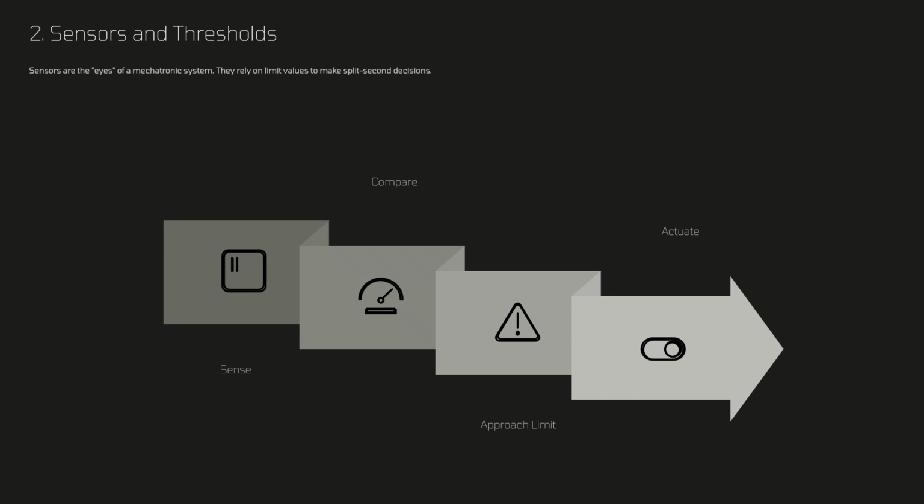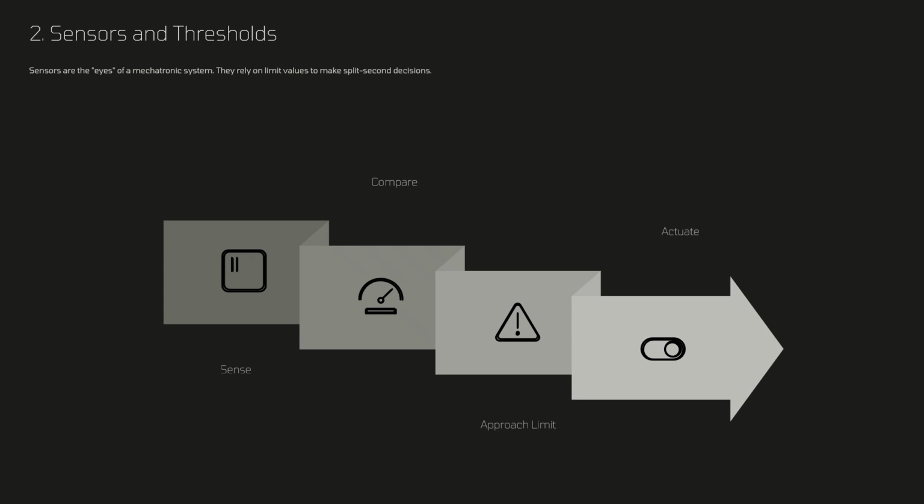For example, a temperature sensor senses heat, an ultrasonic sensor senses distance, and a light sensor senses brightness. In easy words, sensors sense the surroundings.